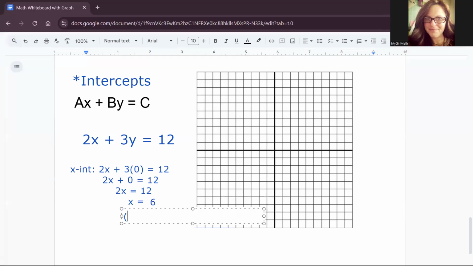Our x-intercept is 6, 0. To find the y-intercept, we'll substitute 0 in for x.